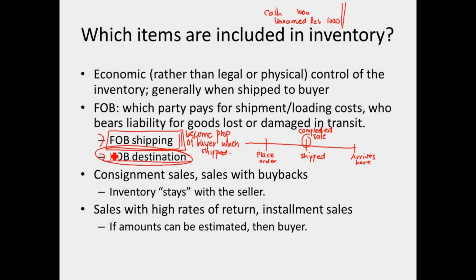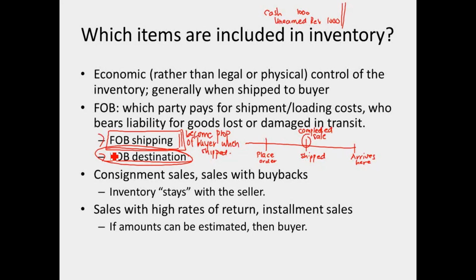If I have it FOB destination, I can't technically sell products that I don't own. But if I own the product, I can sell it as soon as possible and record the revenue. If I don't own the product, I have to wait until the next period to record the revenue. So it depends. It's not 100% obvious. But the point is, somebody's going to be insuring this, whether it's me or you, and somebody's going to be paying for that.